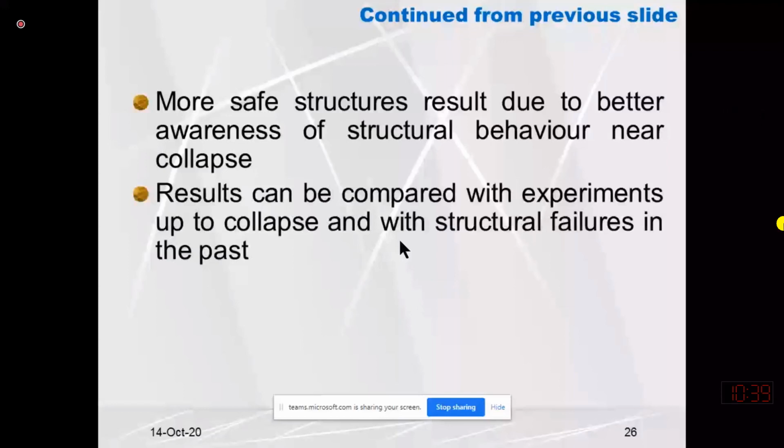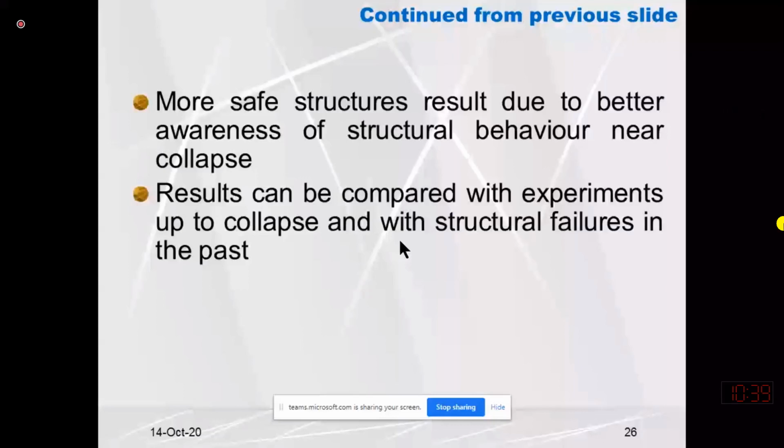Actually, I told you that if you have designed a beam or any structural member by ASD, and your design load was 100 kilonewton, when you test that member it will not fail at 100, it might fail at 200. It means that the capacity cannot be compared with the design.